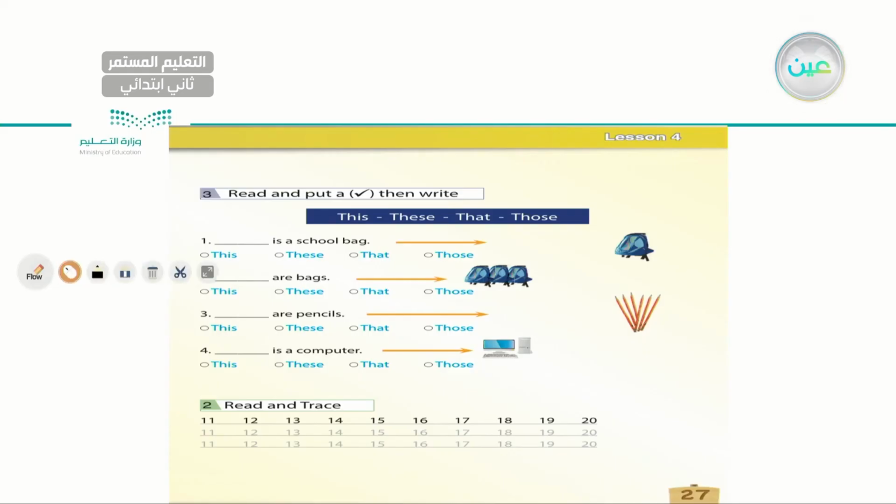Let me prepare this. Number 1 is a school bag. Now look at the picture. Is a school bag. I have 4 options: this, these, that, and those. First of all, I have 1 bag, so singular. Because I have 1 bag, I'll be using either this or that.